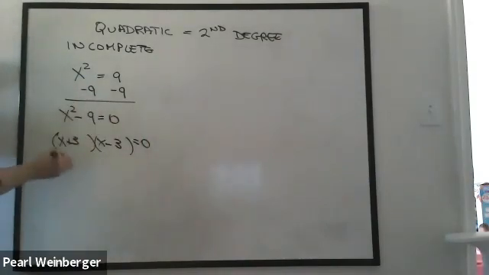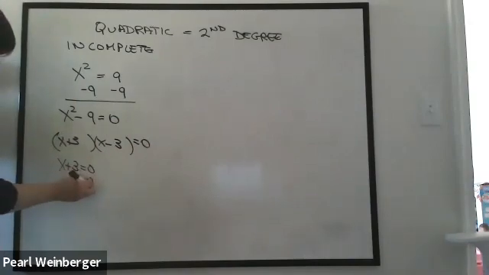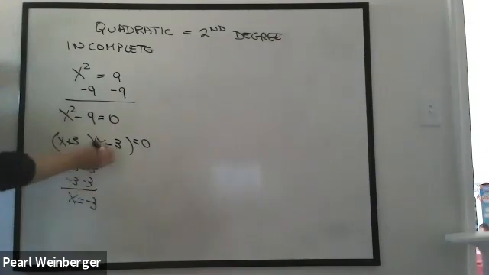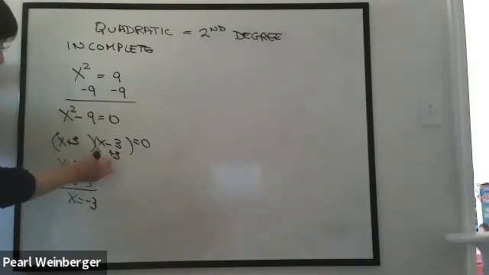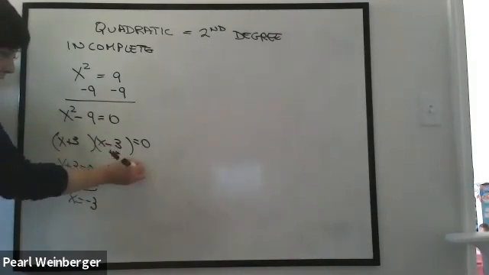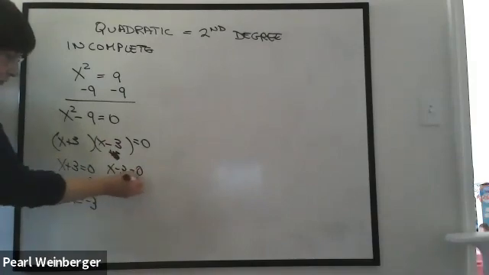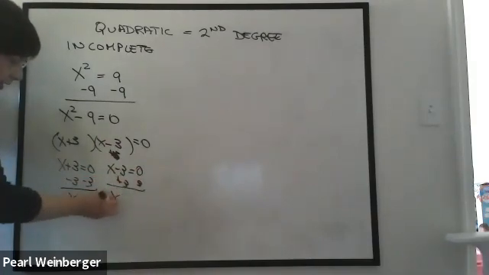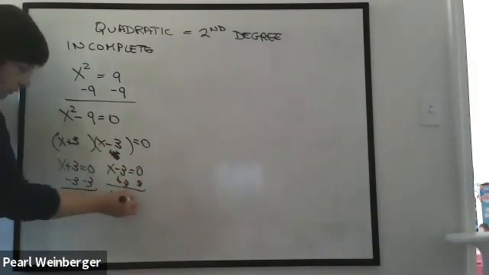And just like we did before, we set them each equal to 0. So in the first case, x plus 3 equals 0 gives me x equals negative 3. And this one, let's just do this, x minus 3 equals 0. So we add 3 to both sides on this side, and we get x equals positive 3.